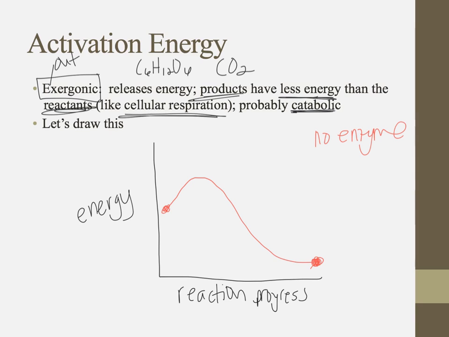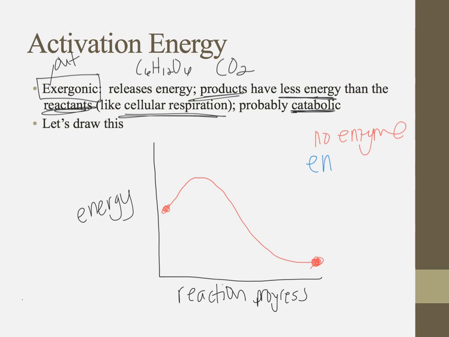All of this energy here, you don't have to draw this, but the difference between the energy in your reactants and your products, all of this energy gets released for the cell to use. So in the case of cellular respiration, all this energy can then be used for generating ATP and other cellular processes. So that difference in energy is really quite big.